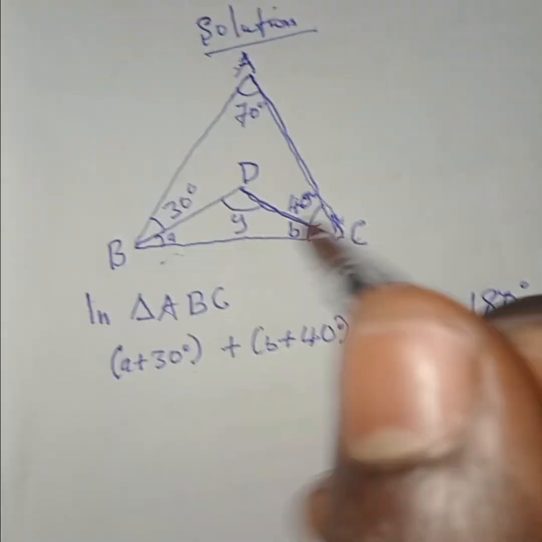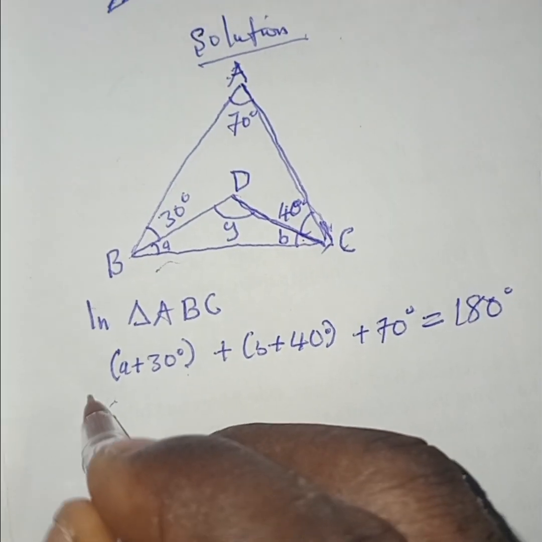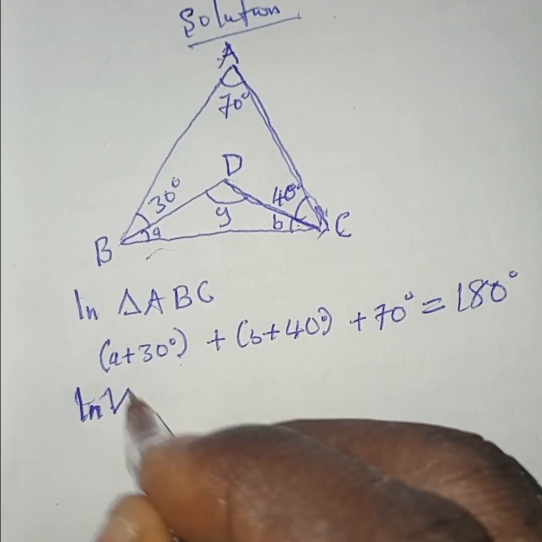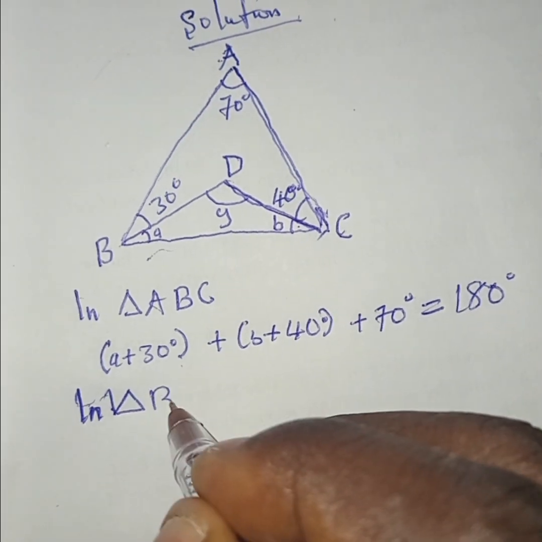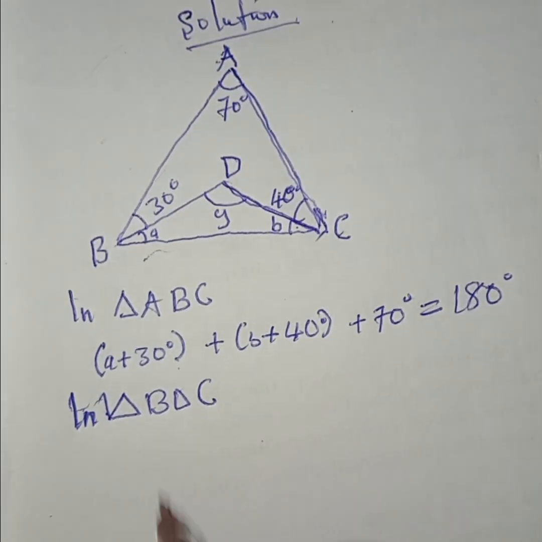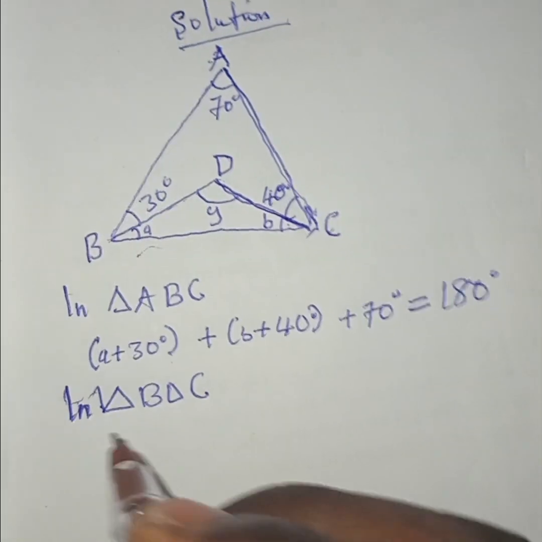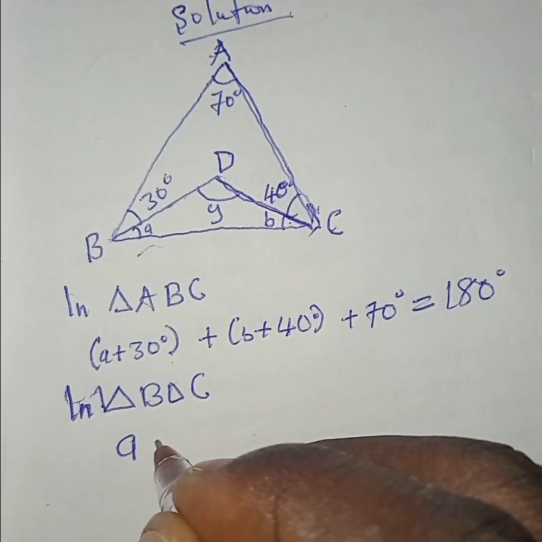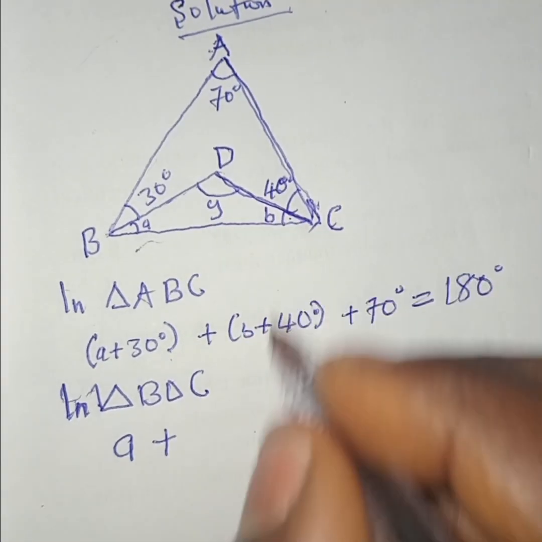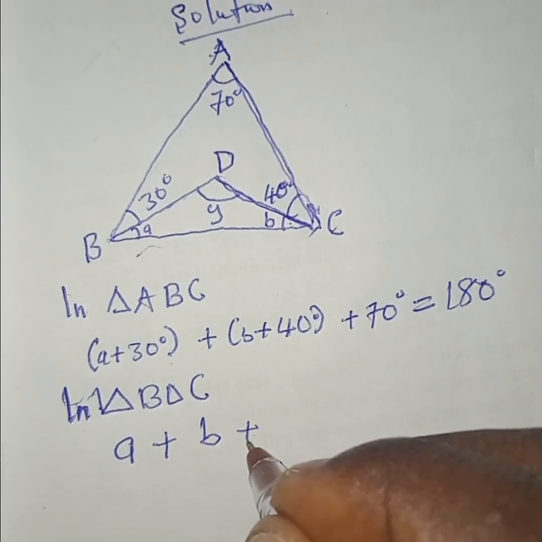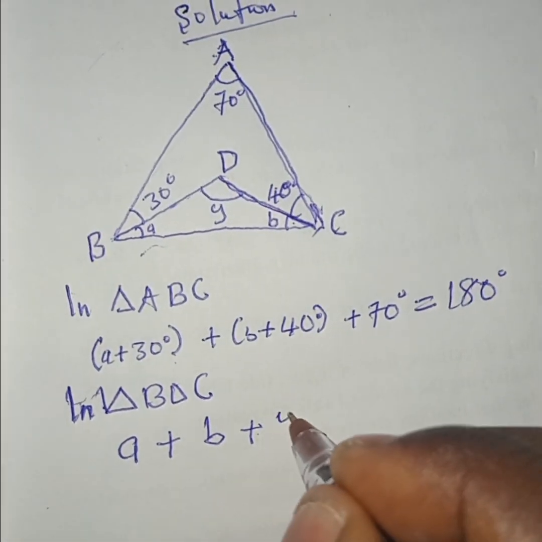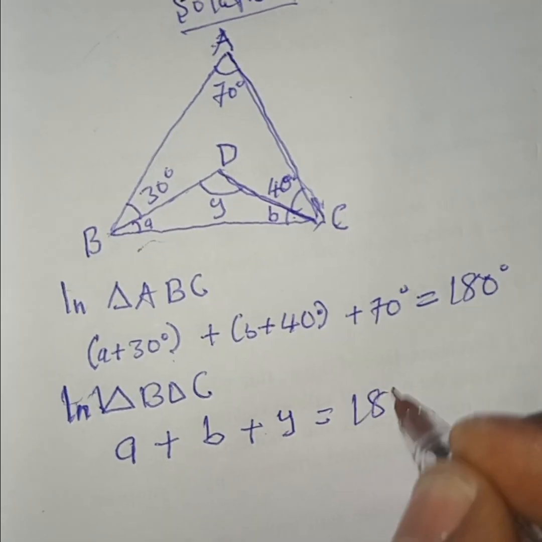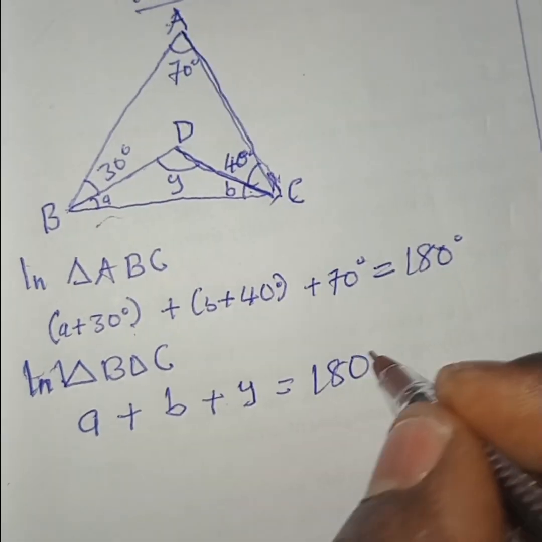In triangle BDC, this triangle BDC, we have A plus B plus y equal to 180 degrees.